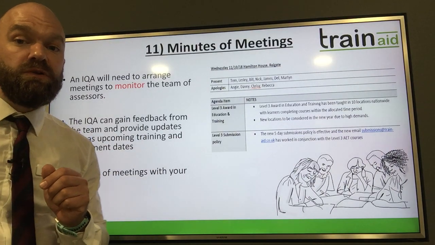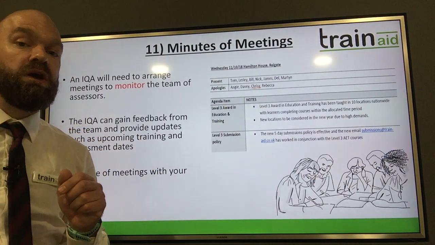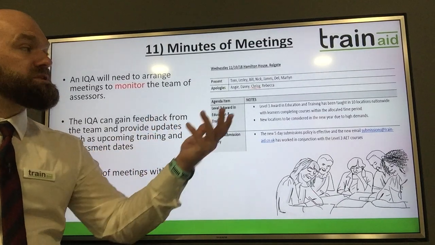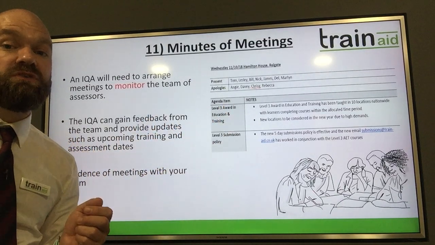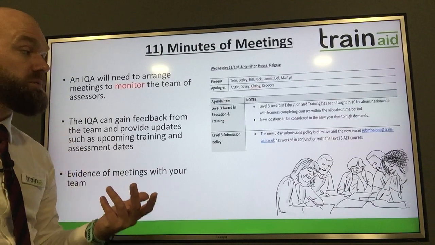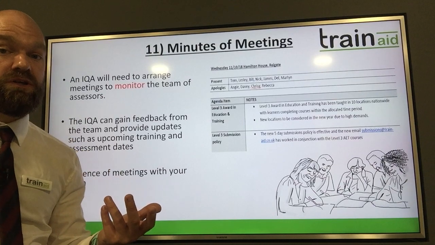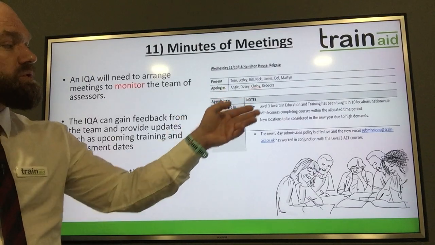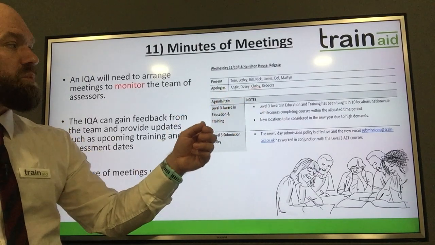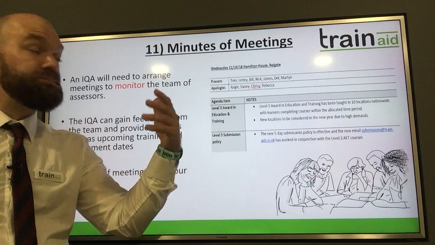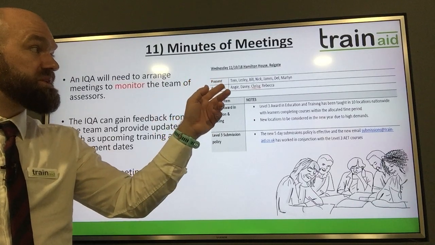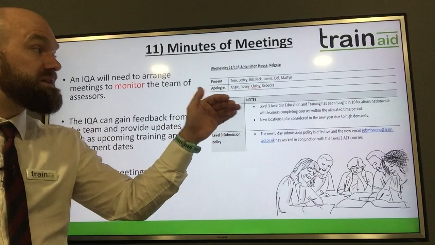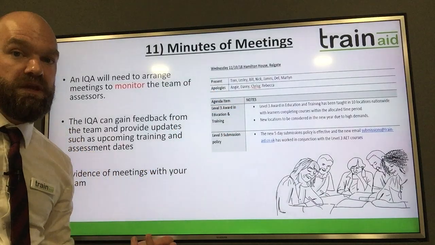Criteria number 11 is minutes of the meeting. So we're reflecting on our meeting plan, and now we are going to be showing evidence that we can record the minutes of the meeting as an IQA. So here we have an agenda and also notes as well. We also have the staff members who are present, okay, the ones who are perhaps absent, and this is the general minutes of the meeting.